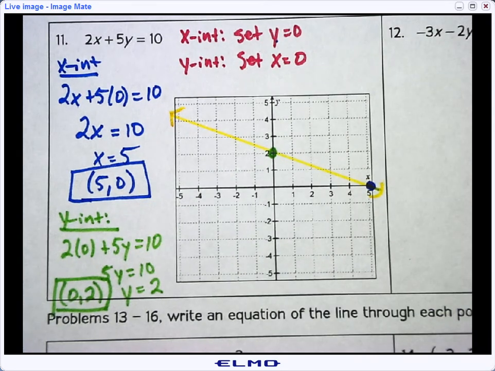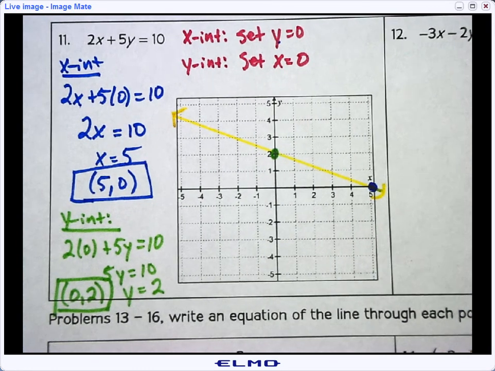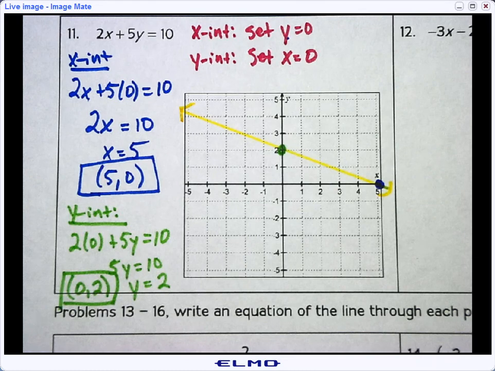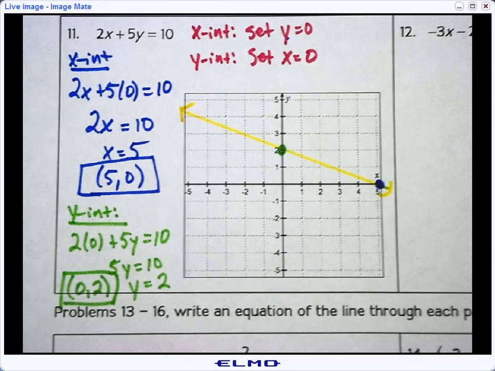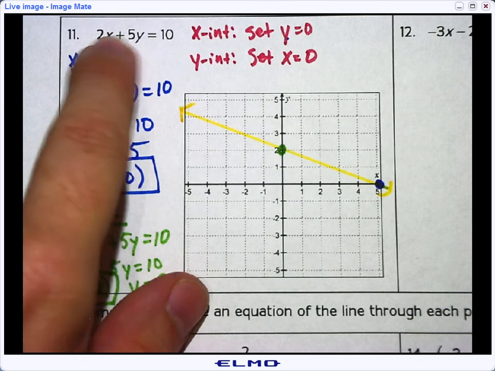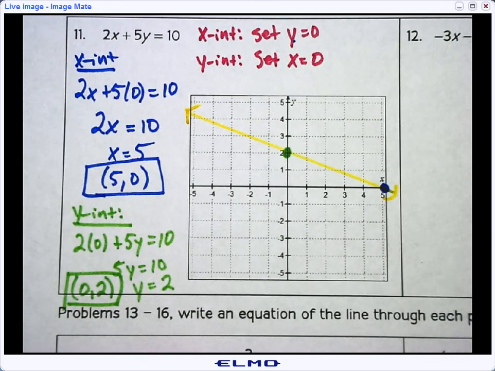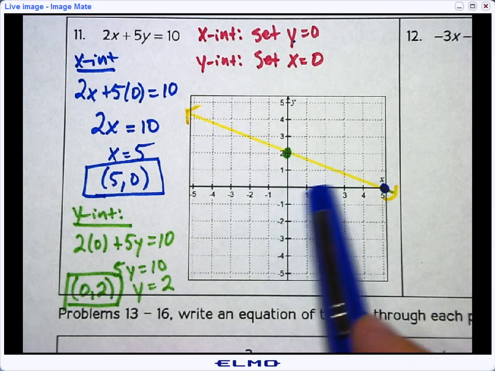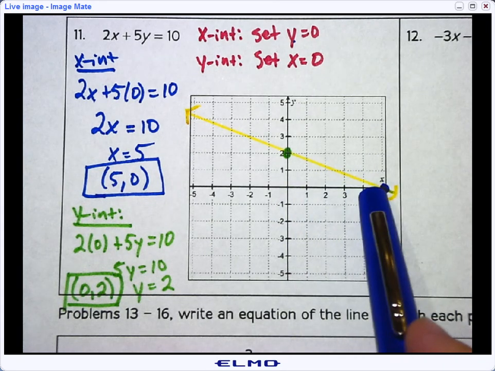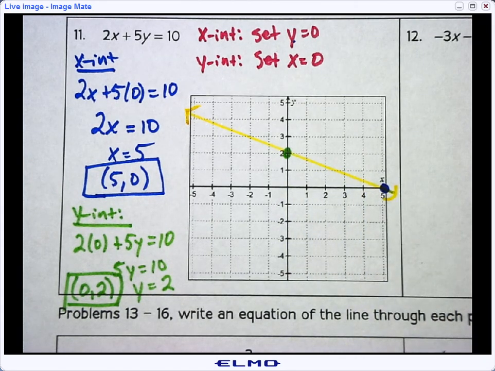Okay, so I've done everything except tell the slope. Remember, slope is rise over run. So we have 2 options here. We could take this equation and rewrite it to get the y by itself, but that's a lot of work. If I look at my line, I've got everything I need right here to write the slope. First of all, is the slope positive or negative?